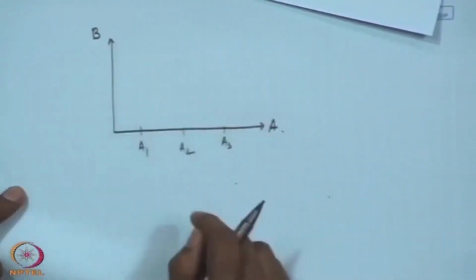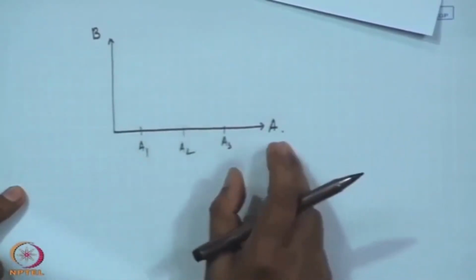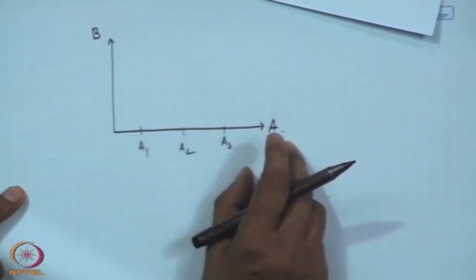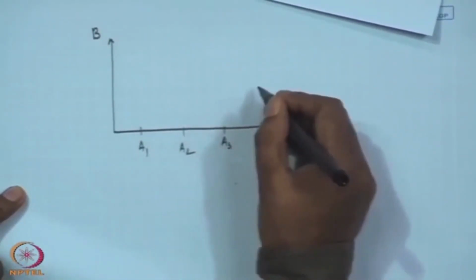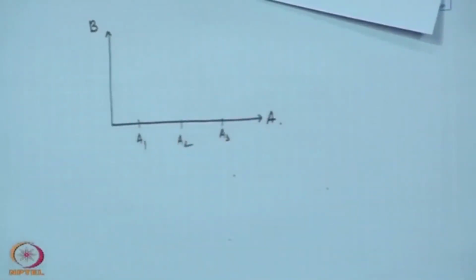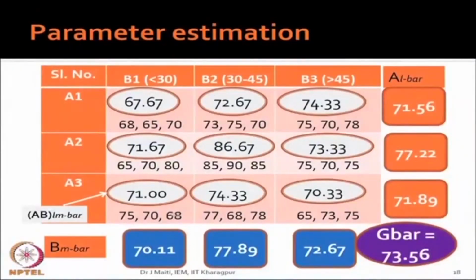B also has 3 levels. So I will take B1 first. If I consider only B1 fixed, then the A1 value, A2 value and A3 value are the AB LM bar.